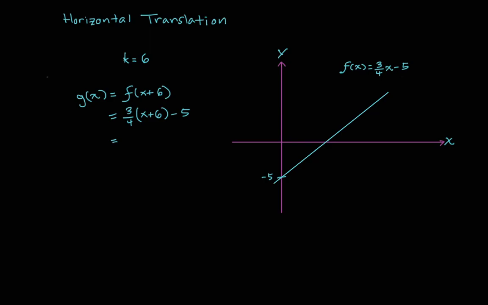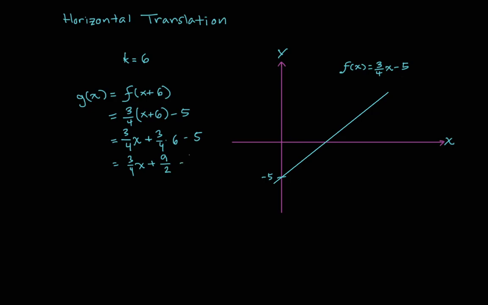We have 3/4 x, 3/4 times 6, and then minus 5. Okay, so that's 3/4 x plus 3/4 times 6. Well, that's the same thing as 9/2.